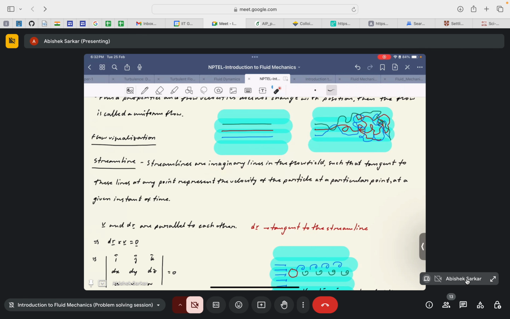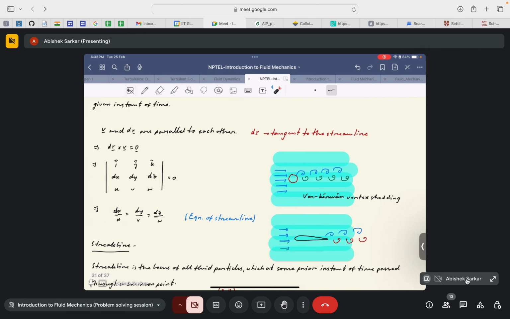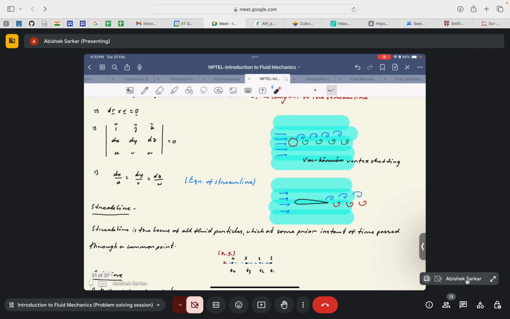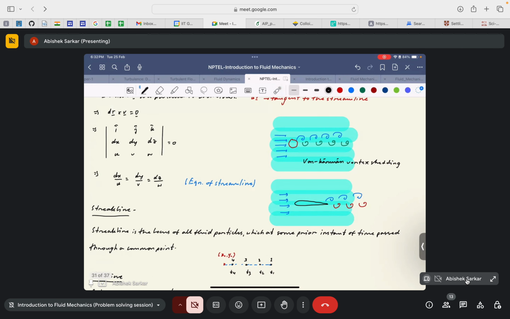Okay, so let us focus on some specific cases such as flow past a cylinder or flow past an airfoil. Of course this will not be the streamline, this is vortex shedding, but say if I am drawing a streamline past the airfoil, say the initial flow showed streamlines of this pattern.